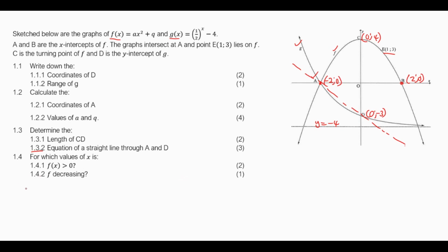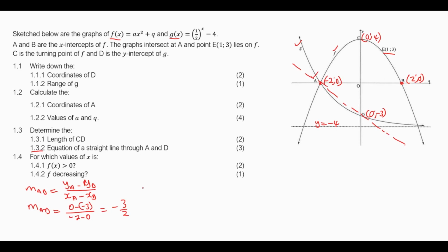The gradient of AD is equal to the y coordinate at A minus the y coordinate at D over the x coordinate at A minus the x coordinate at D. So the gradient of AD is equal to 0 minus -3 over -2 minus 0, which is -3 over 2.